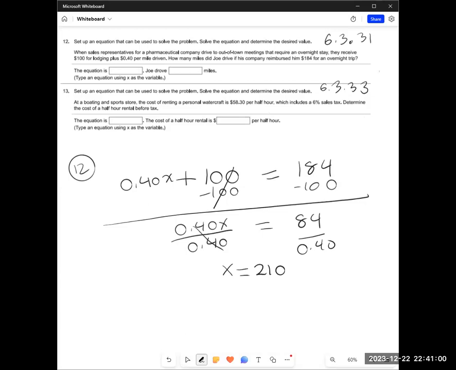So the equation was 0.4x plus 100 equals 184, and then 210 miles.